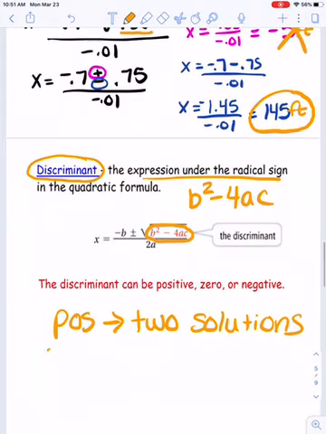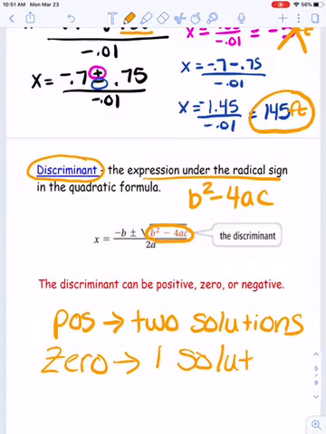If our discriminant ends up being 0, that means we would just have one solution. Because if you think about it, if we take the square root of 0, the answer is just 0. So if we take plus or minus 0, that's not going to give us two different answers because adding or subtracting 0 isn't going to change things. So that means we would just have one solution.